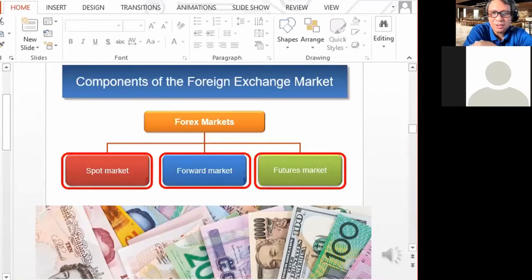So you agree on a certain price for a commodity. You agree on a certain exchange rate in the future. The question is, why do you do this? Why do you think you do this? Why do you have to agree on a future exchange rate?